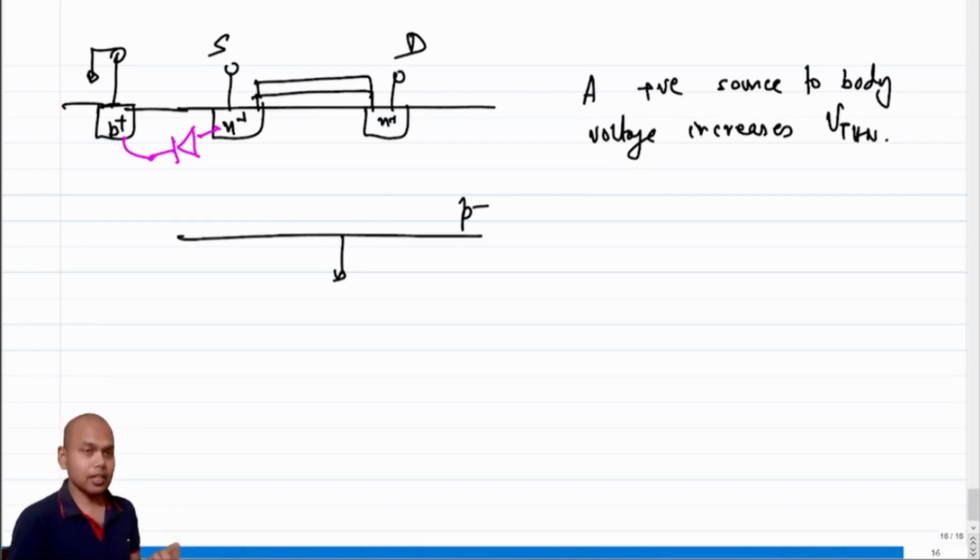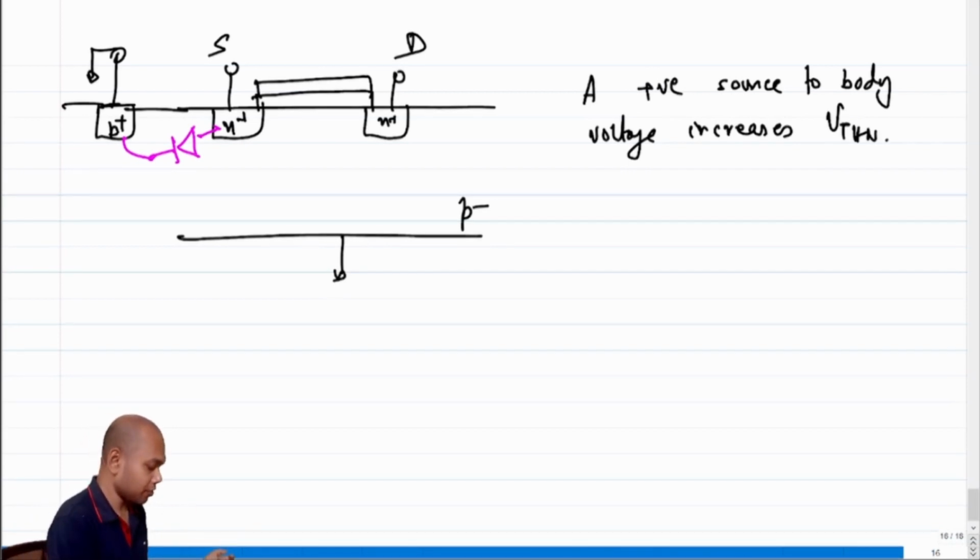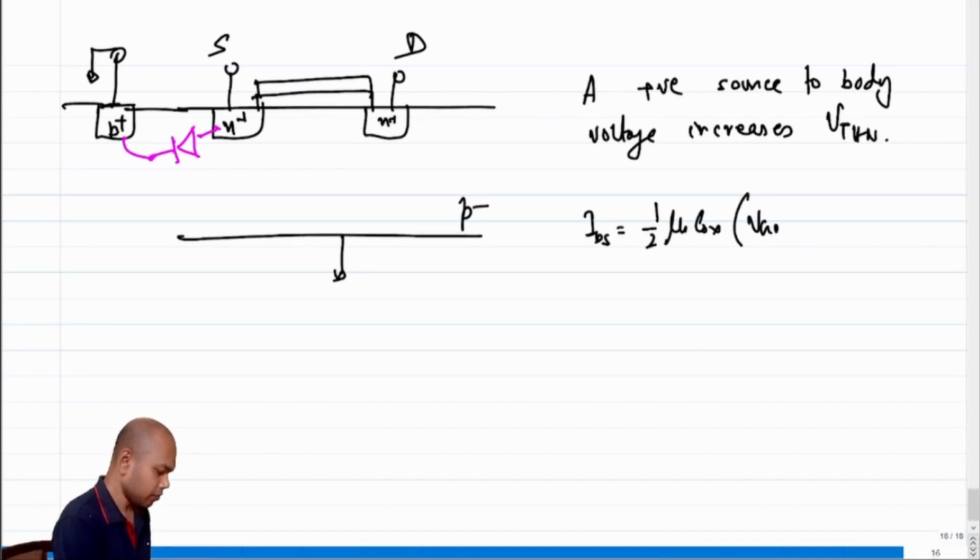However, anything that changes threshold voltage can also affect our incremental model, right? Because our current IDS is half mu n Cox (VGS minus VTH) whole squared.